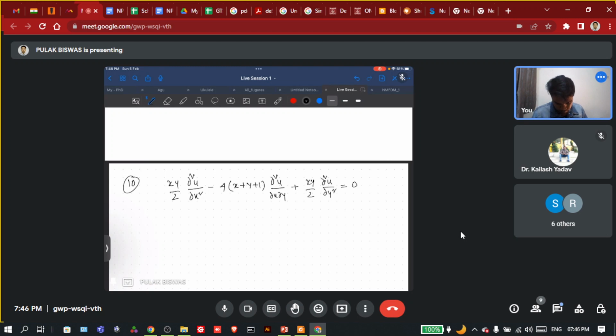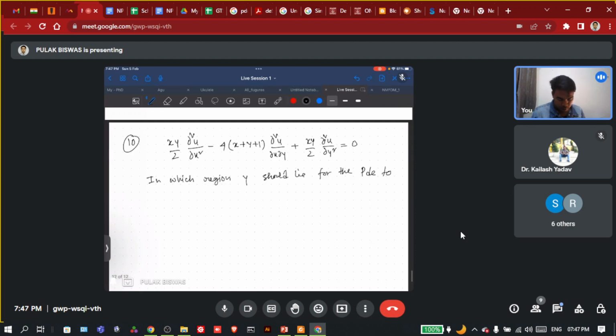This is the equation. So in which region should y lie for the above PDE to be hyperbolic?